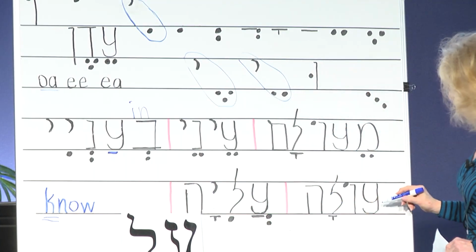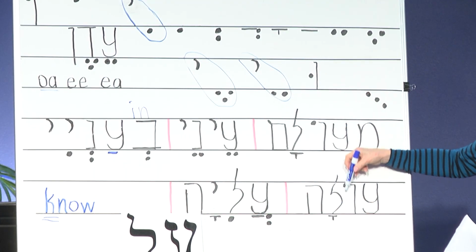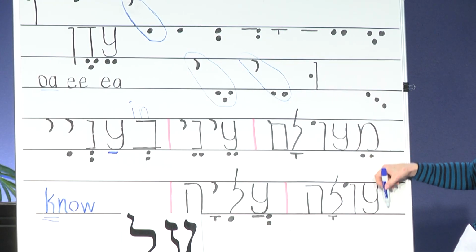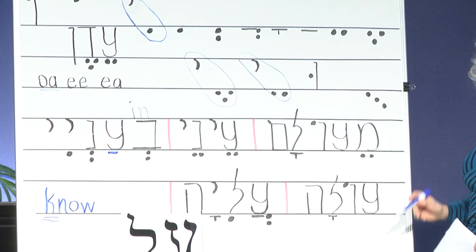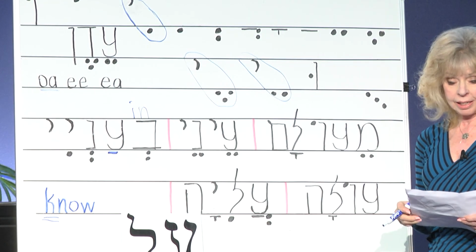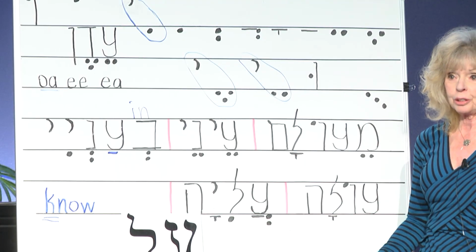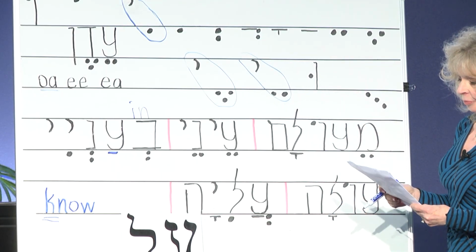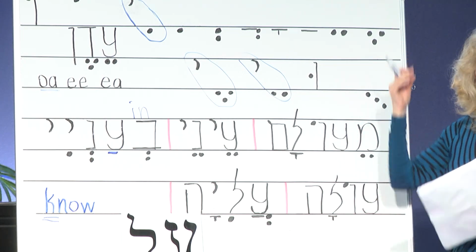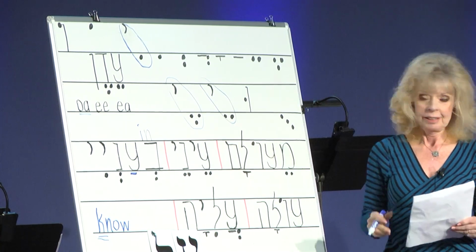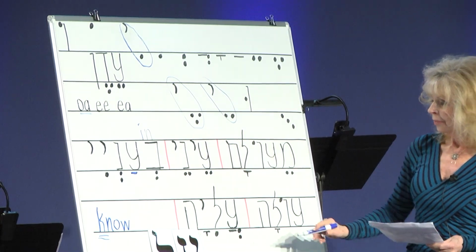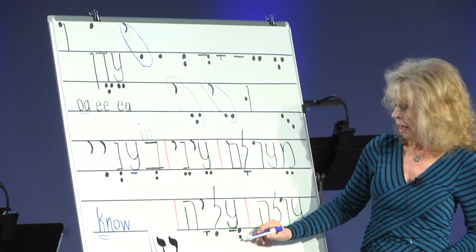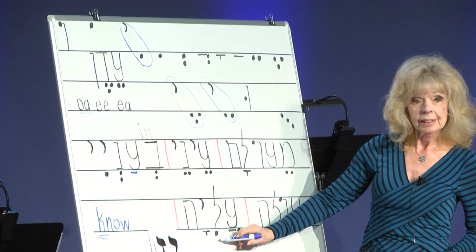All right, and this is the vowel next to the Ayin, so this is O, La. You know the Olah sacrifice? What does it do? It rises up. And Olah means to go heavenward or up. So that's the Olah. And here we have what?